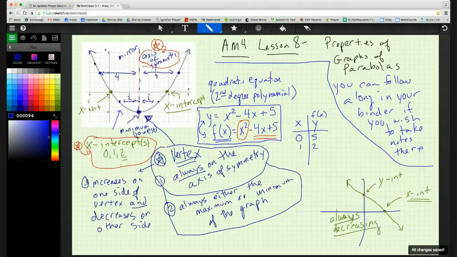So can you tell me on this graph here, just take a look for yourself and decide, going from left to right, are we decreasing and increasing, or are we increasing and decreasing? Well, the answer is on this left side, we're always decreasing. And on the right side of the vertex, we are increasing. Okay? So that's key. The vertex divides the increasing and decreasing intervals of a graph.